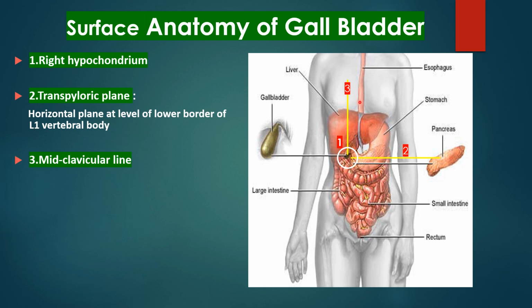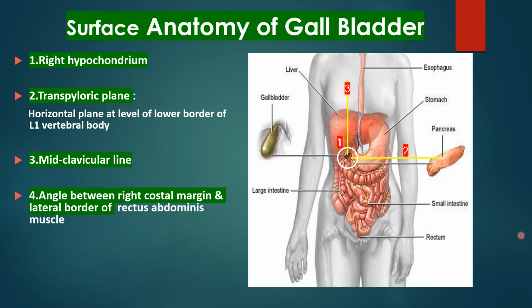Then the third is your midclavicular line, number 3 here, a vertical line from the midpoint of the clavicle. And fourthly, the angle between the right costal margin and the lateral border of the rectus abdominis. Normally, it is not palpable, but if the gallbladder is palpable, it is abnormal.